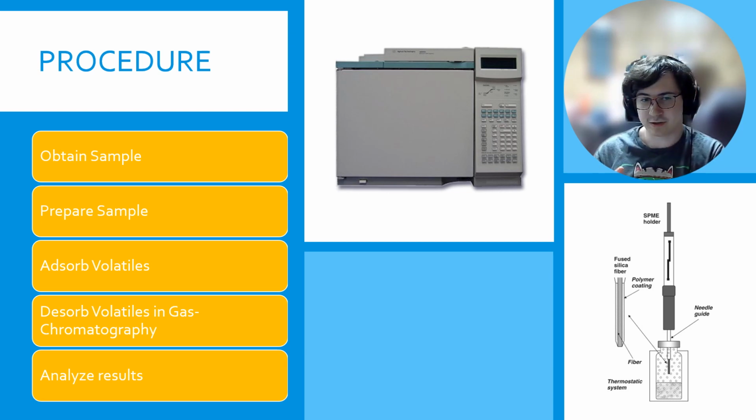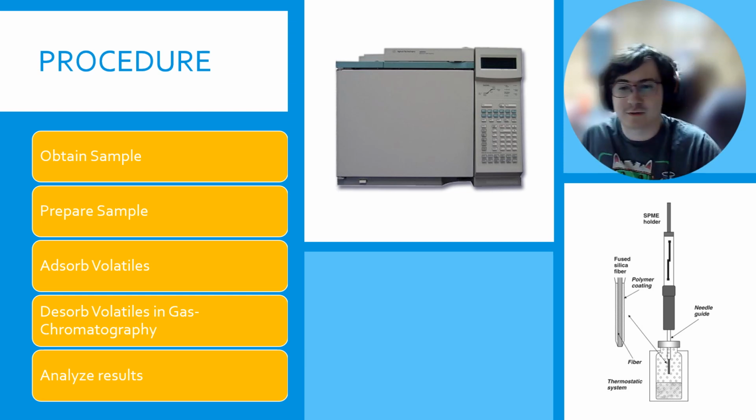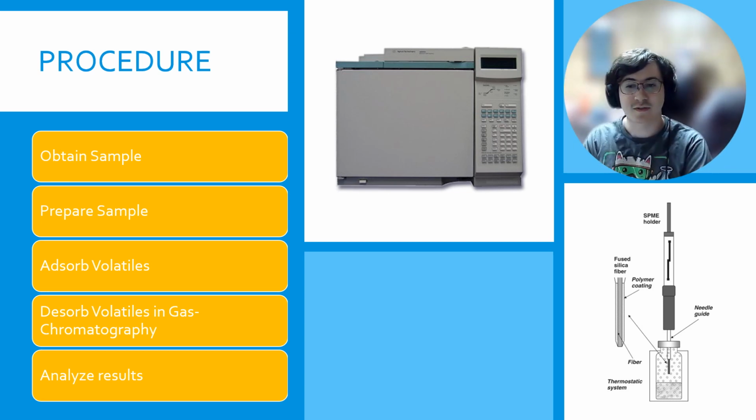So let's talk a little bit about the procedure. The first step would be to obtain the sample. This would be done either with Dr. Lisberg from the Biological Sciences Department, who could provide us with some samples, or, if you're working on this aspect as well, you could be using calibrated mixtures.